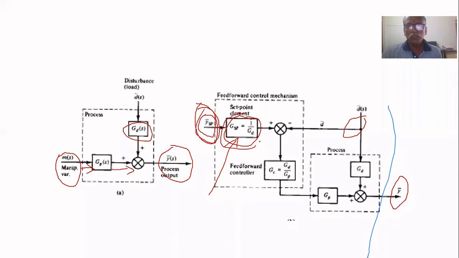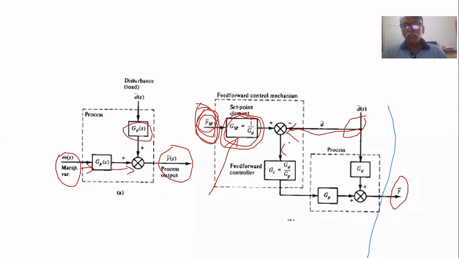Then it will go through some filter, because we want to convert the set point into a variable that relates to the disturbance. That way also we can look at this controller. So what is the final controller? The set point must be multiplied by 1 by Gd of S. That is G set point. So set point is given here, that is multiplied by 1 by Gd of S, that is available here. That is subtracted from this measurable disturbance. Here you will get 1 by Gd of S y set point.